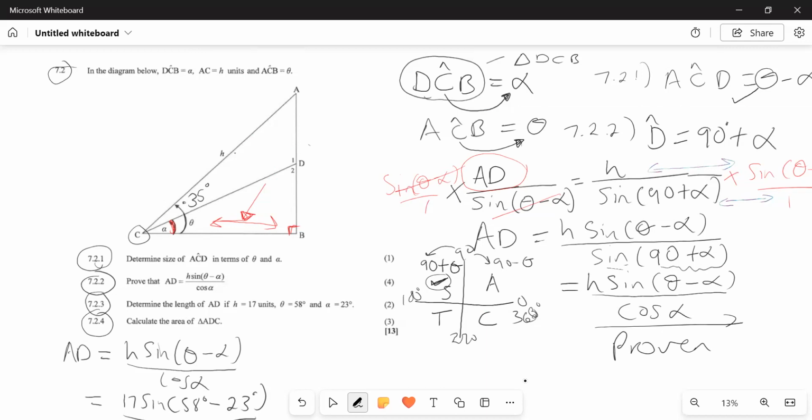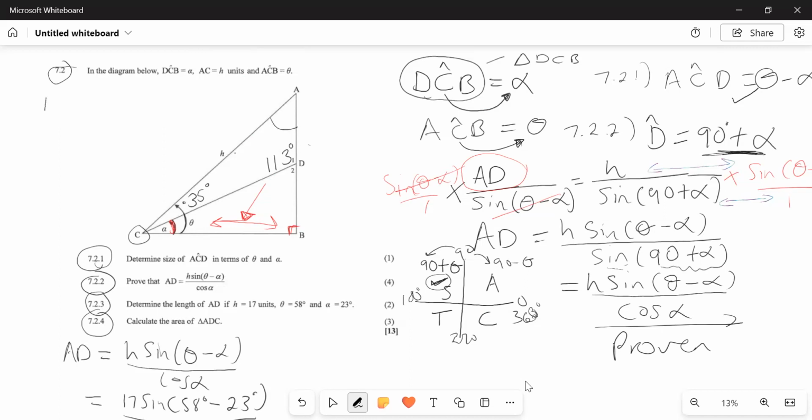And then D1, we said that's 90 plus alpha. So 90 plus 23 gives us 113 degrees, right?